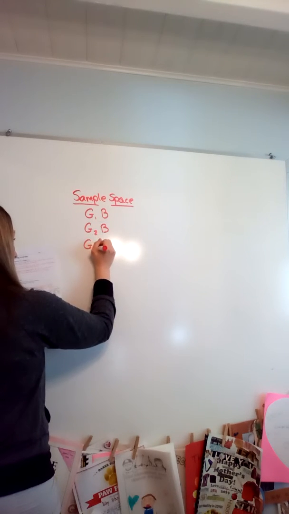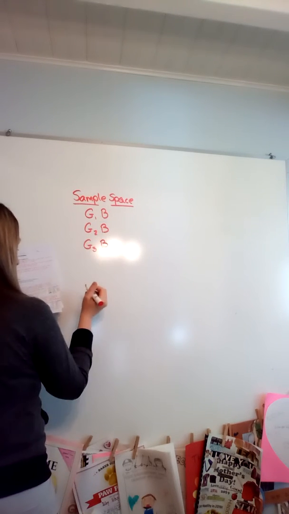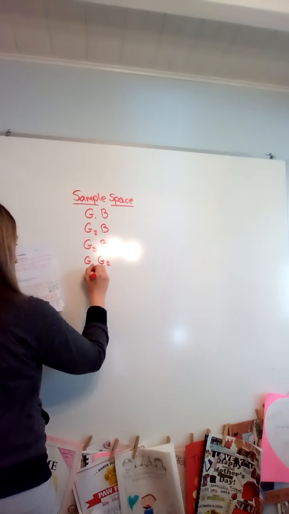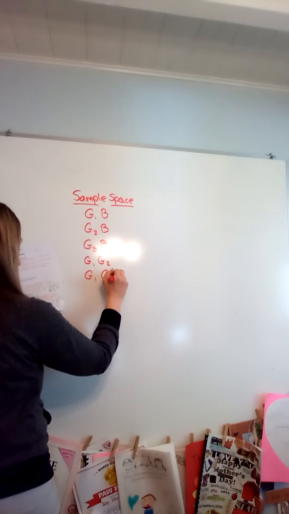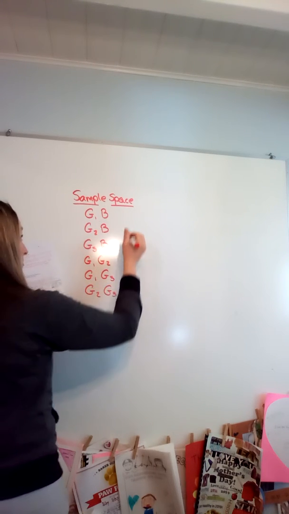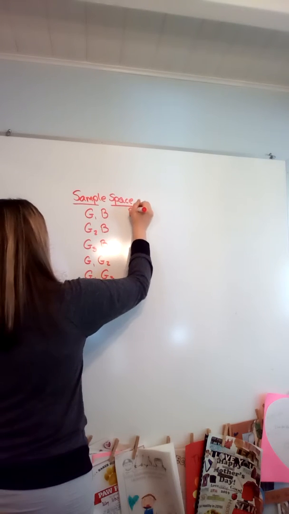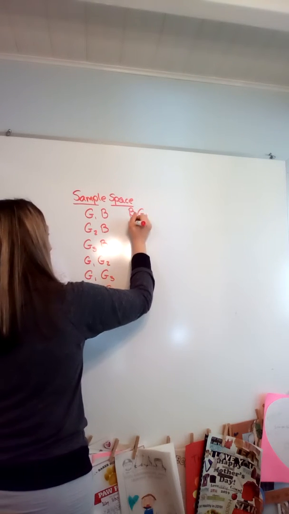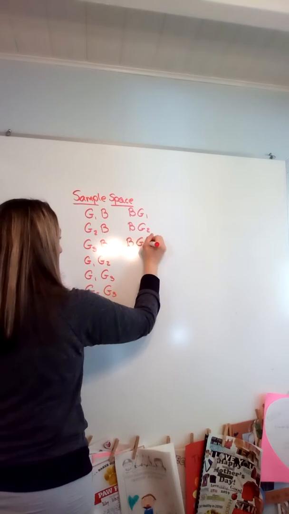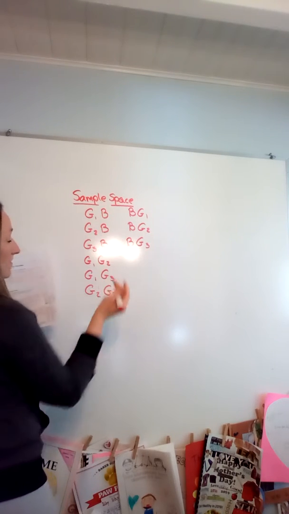You could pick the third girl and then the boy. You could pick the first girl and the second girl, the first girl and the third girl, the second girl and the third girl. You could pick the boy and girl 1, the boy and girl 2, the boy and girl 3.